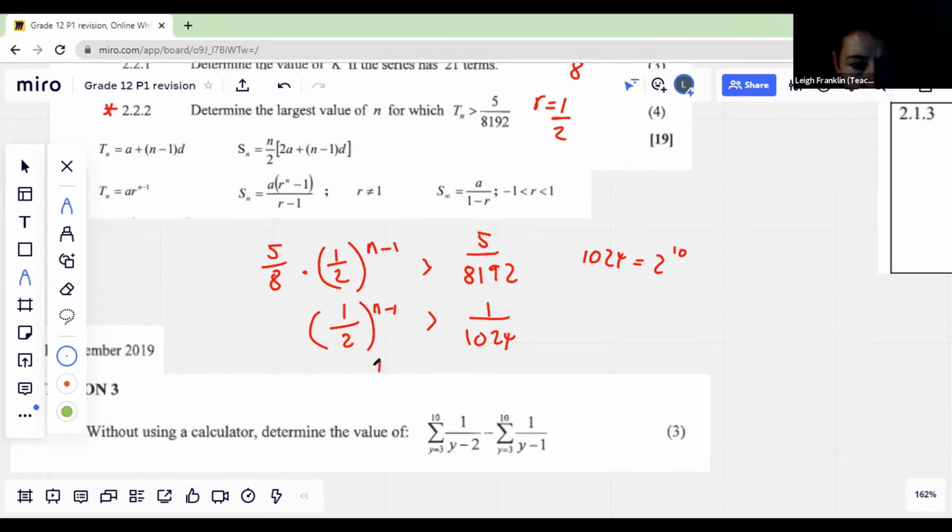Okay, so now what we've got is 1 over 2 to the n minus 1 is greater than 1 over 2 to the negative 10. Yes, negative 10.